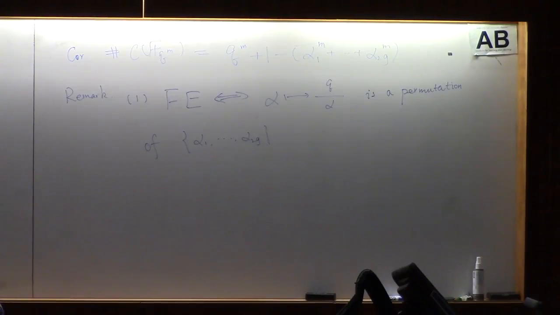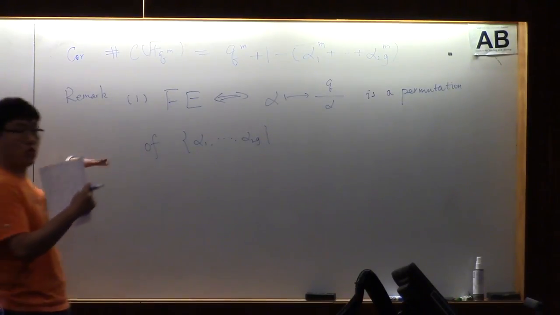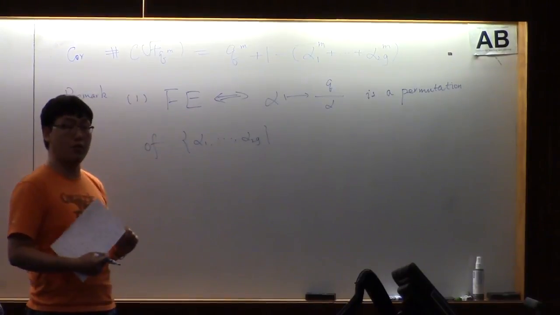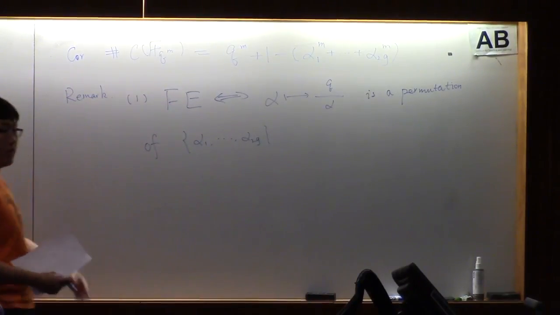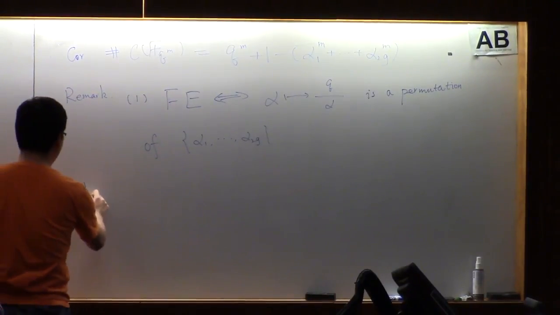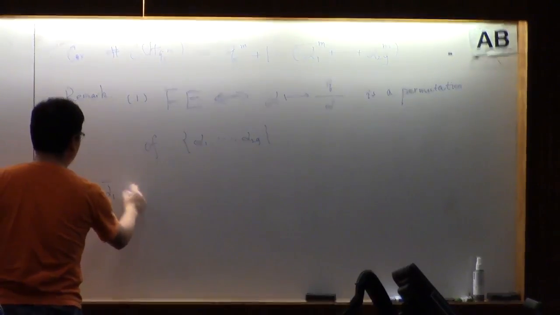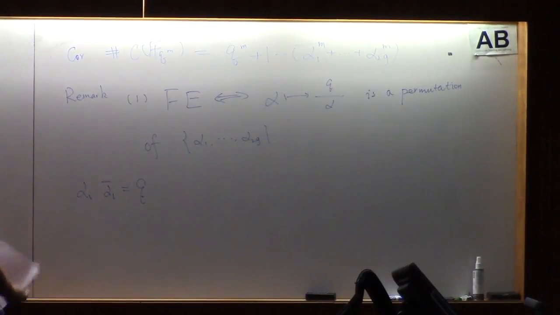But here, this equivalence is true even if you don't know the Riemann hypothesis. Because if you know the Riemann hypothesis, you know that alpha i times alpha i bar is equal to q. And also, this is a polynomial with integer coefficients.